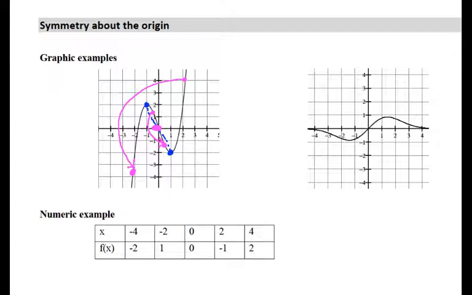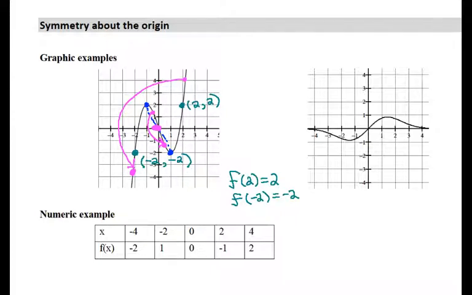If we take a couple of reference points, like for example, let's consider (2, 2). I can see that the reflected point in this graph is (-2, -2). So the pattern that we see here is a little bit different from symmetry about the y-axis. f of 2 equals 2. f of -2 equals -2.